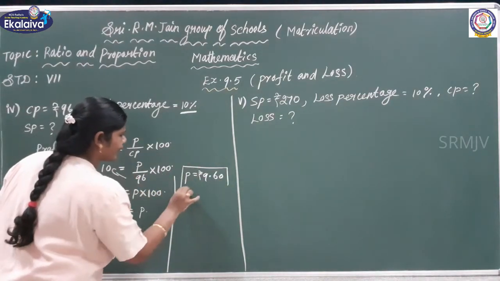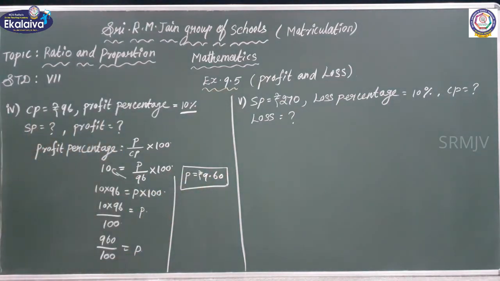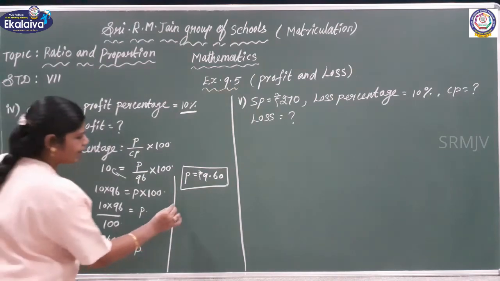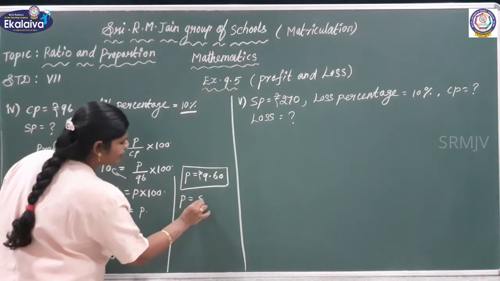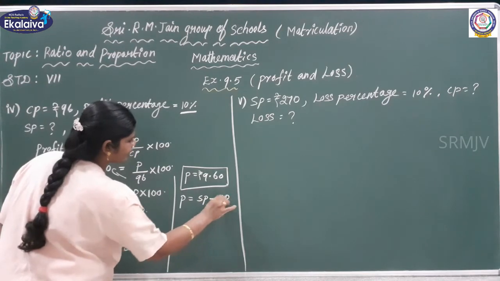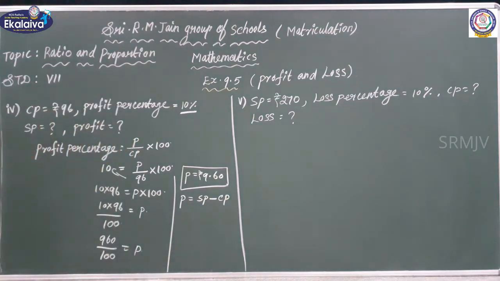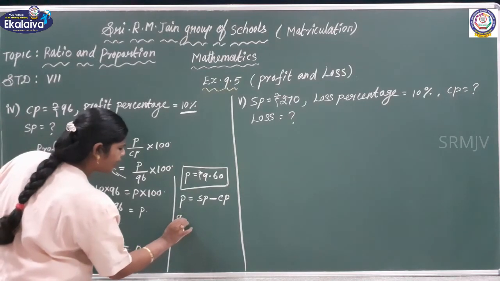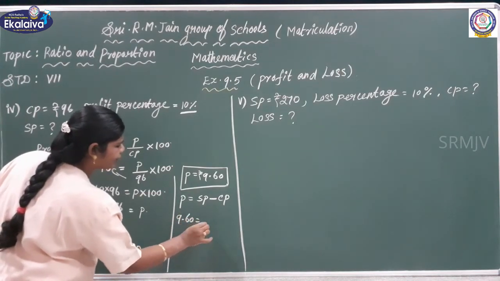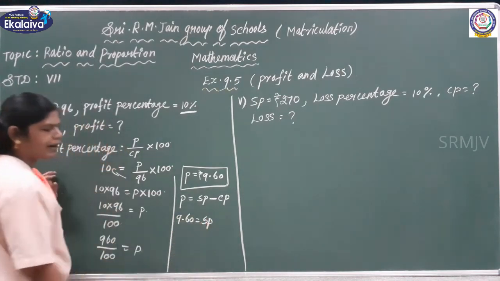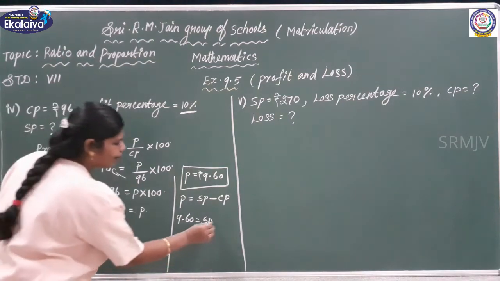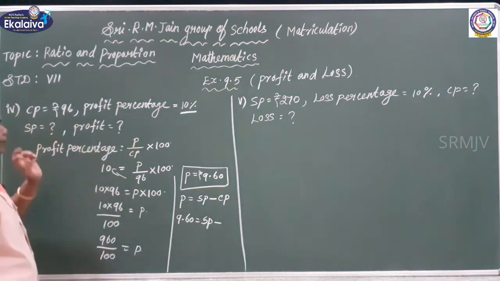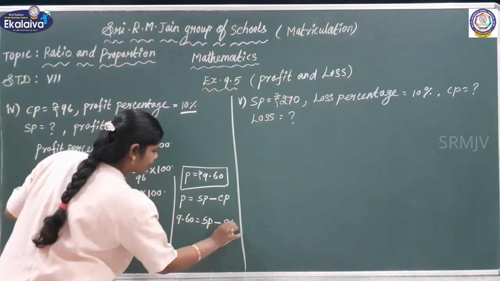Next we are going to find the selling price. Okay. So we know the formula, profit equal to selling price minus cost price. Here profit 9.60 equal to selling price we are going to find. So keep it as it is, minus cost price. Cost price 96 rupees.